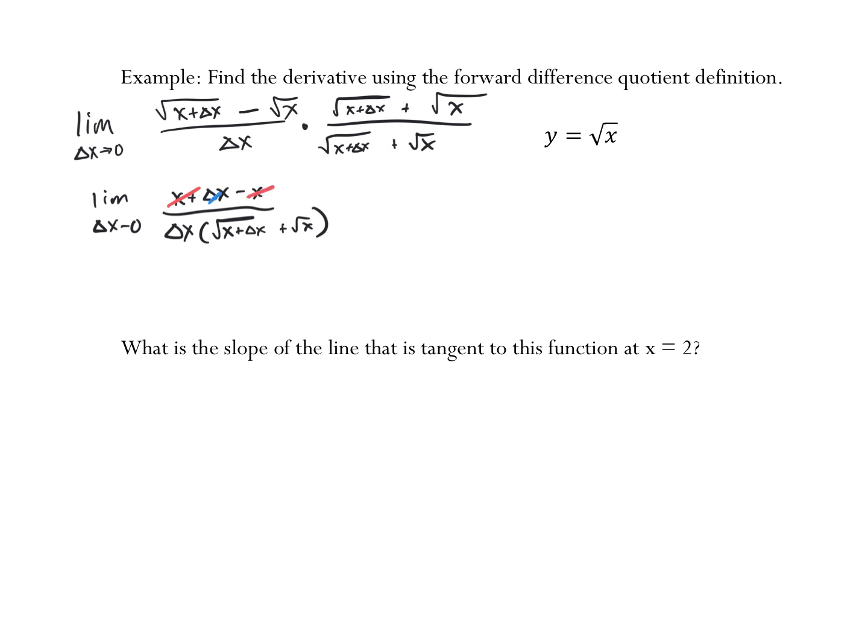And then maybe we'll see that the delta x's can cancel out. And so I have a 1 on the top now. So really this is saying the limit as delta x approaches 0 of 1 over the square root of x plus delta x plus the square root of x.